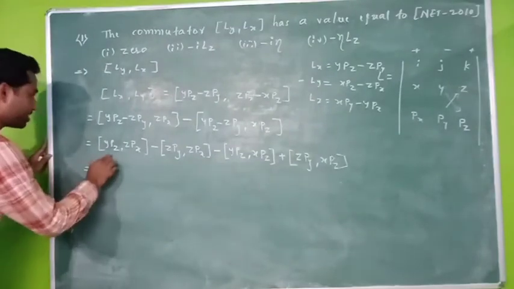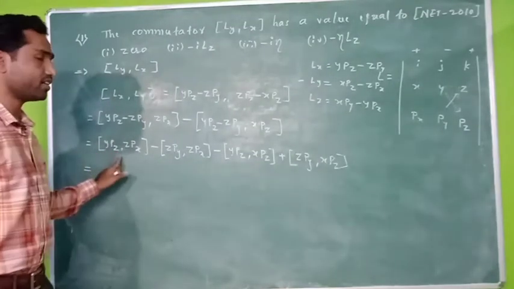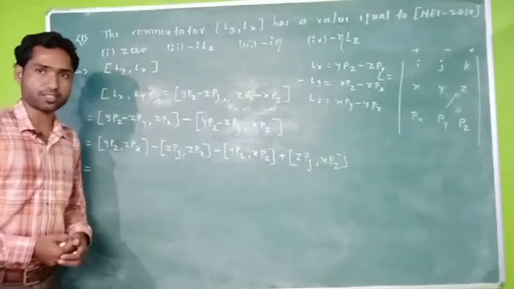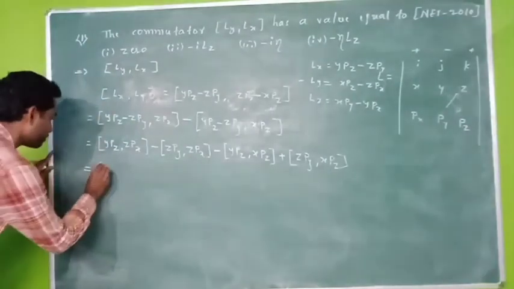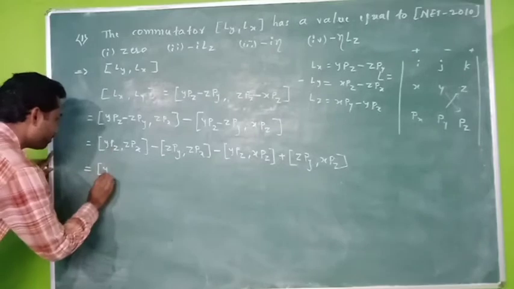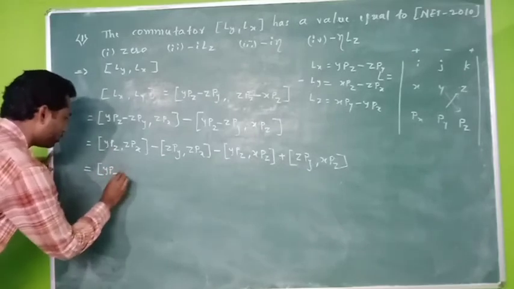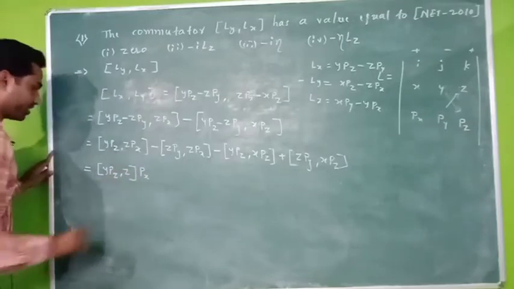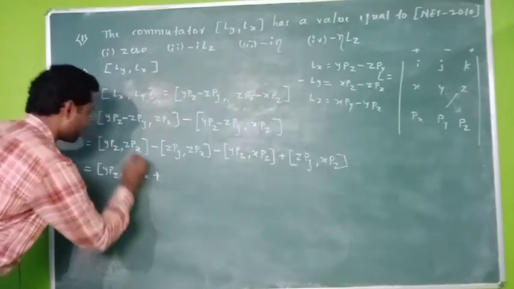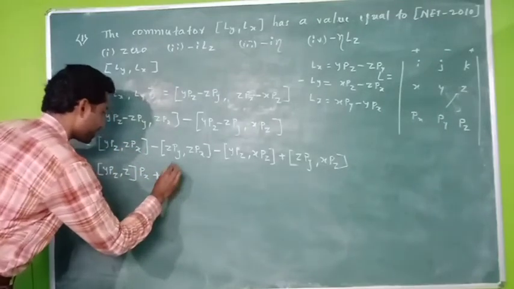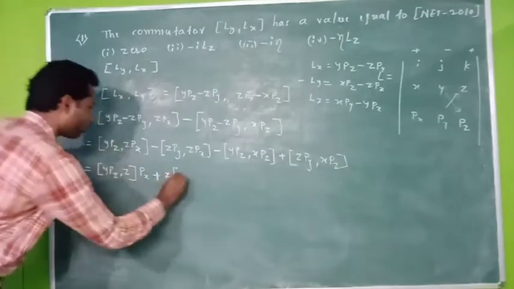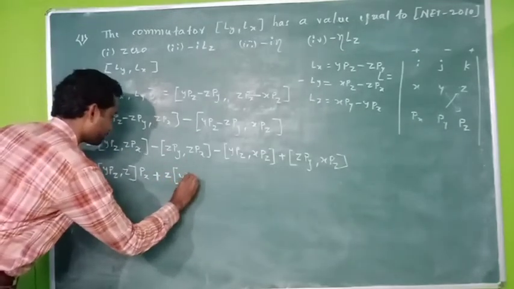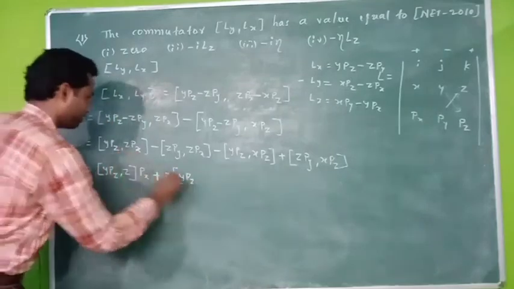These commutators can be expanded by using the distributive property of commutators: the commutator of ypz with z, multiplied by px, plus z times the commutator of ypz with px.